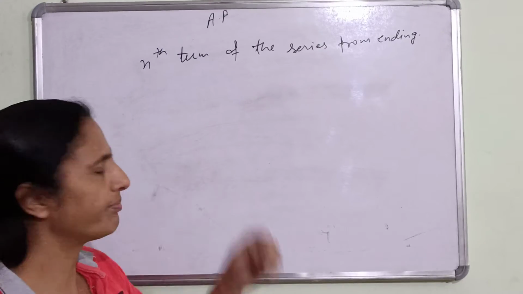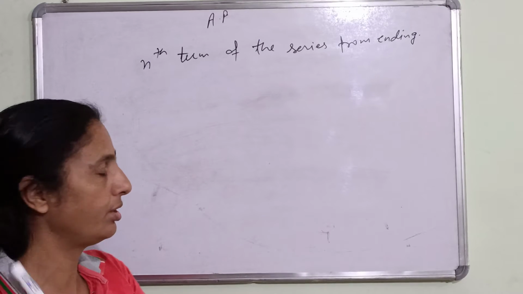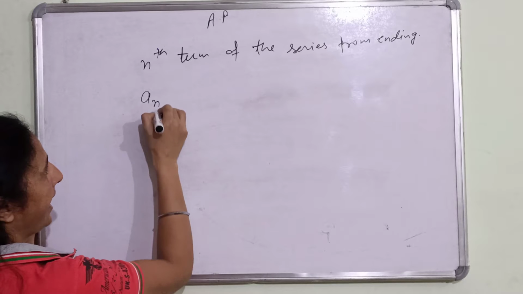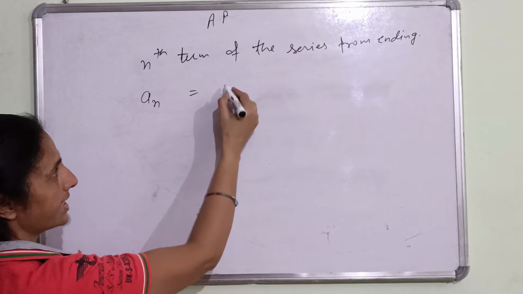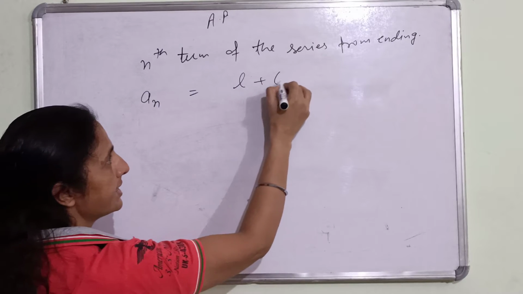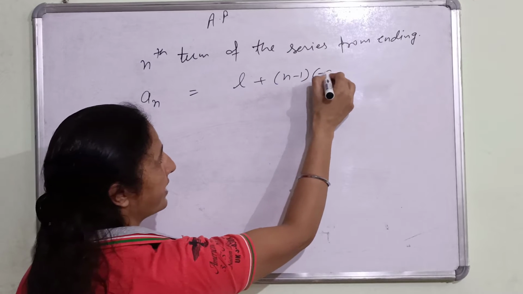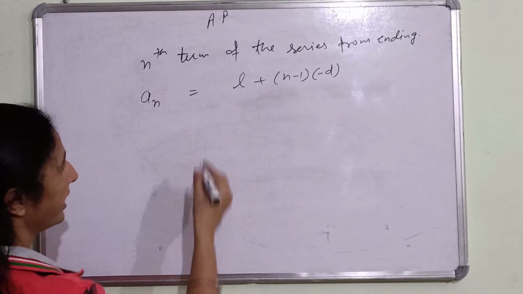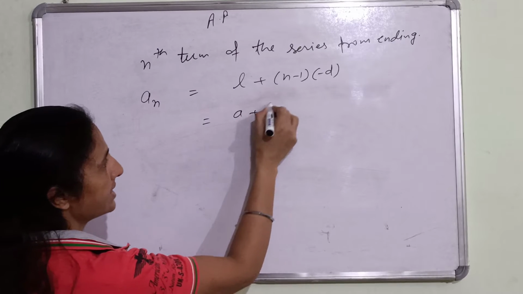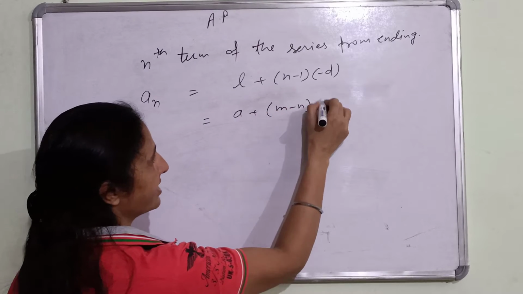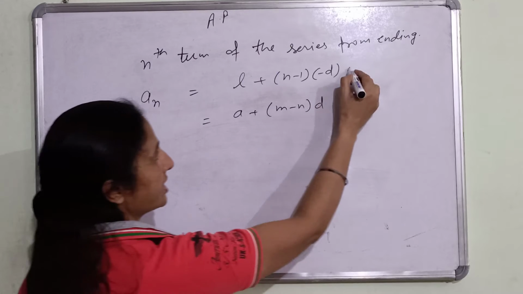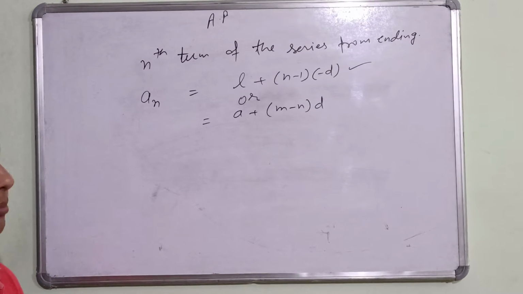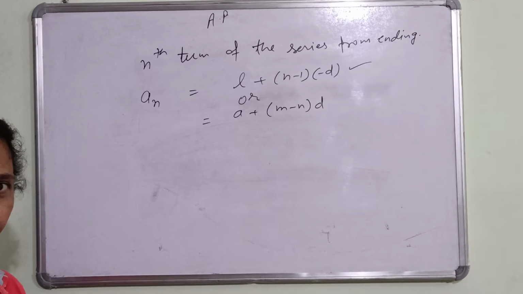The simple formula is: the nth term from the end of the series is l plus (n minus 1) into minus d. This is the basic formula. Otherwise you can also write a plus (m minus n)d. You can use either formula to find the nth term from the end of the series.